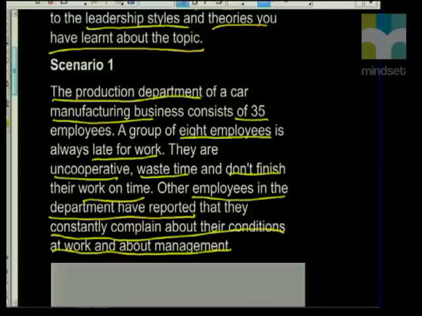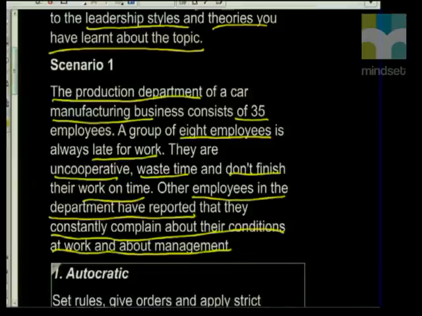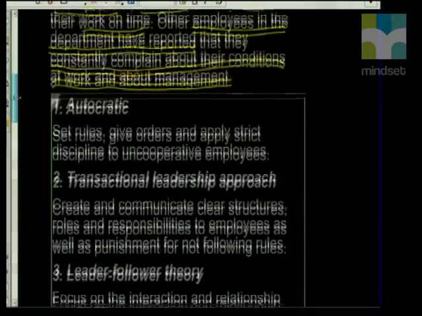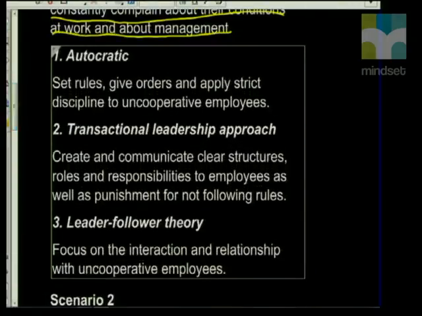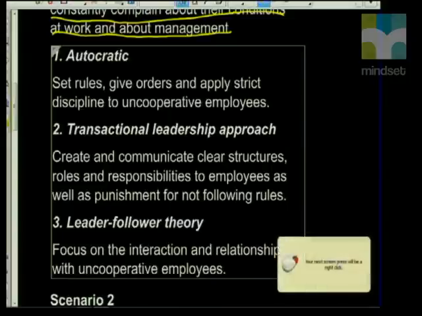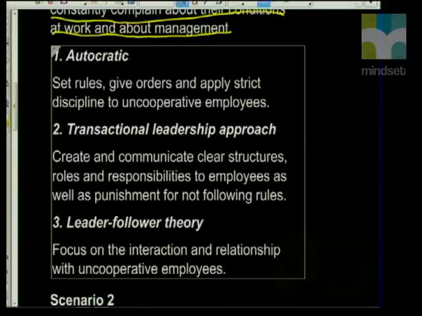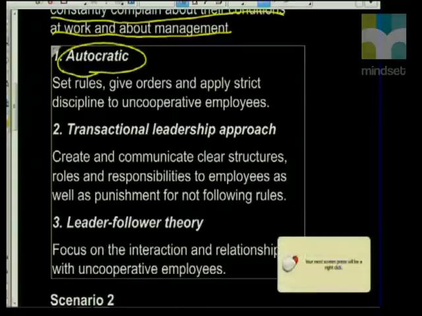The question asks, according to the theories you've learned, how would you deal with this situation? There's more than one right answer here, which is nice, but it's important that you are able to explain it. According to this scenario, the first thing you could do is use an autocratic leadership style.